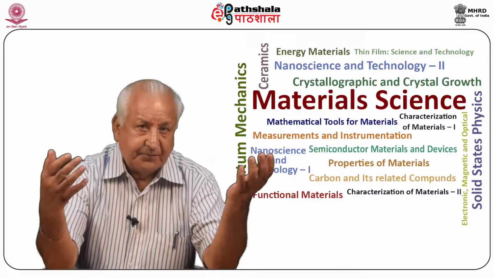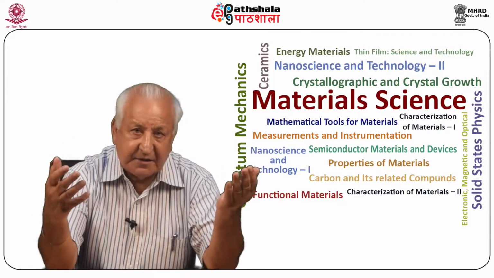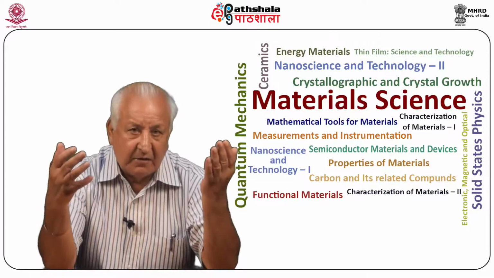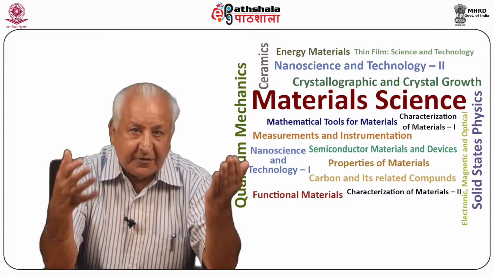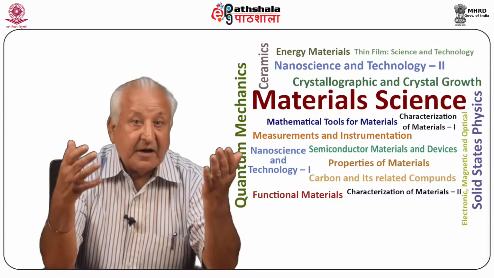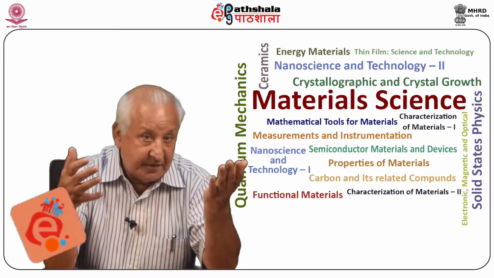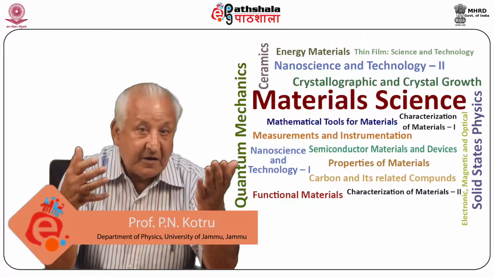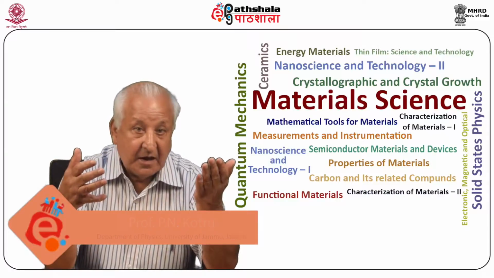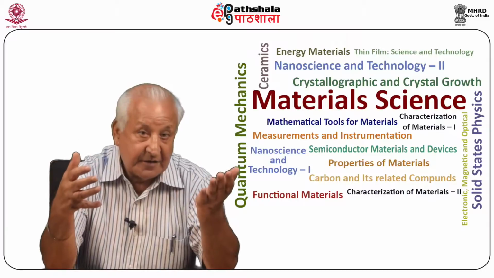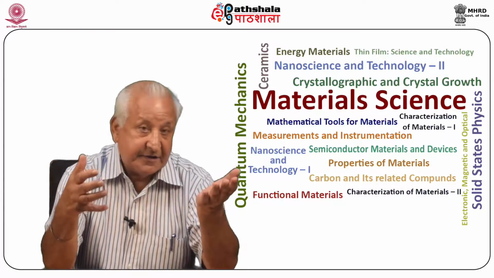So students, let us now summarize what we have learned in this module. We have learned diffraction of electrons by crystals, the experimental arrangement of Davisson and Germer supporting the wave-like behavior of electrons, and the dependence of the intensity of diffracted electrons on accelerating voltage.